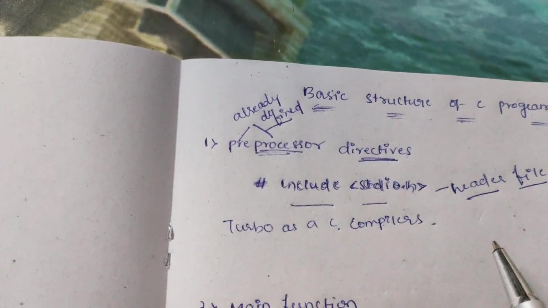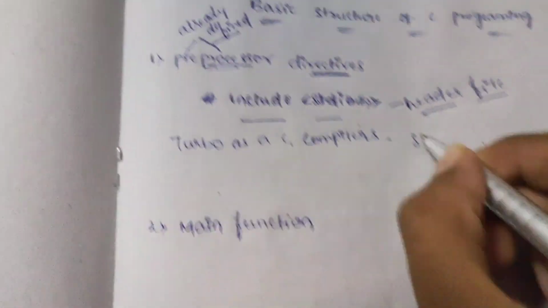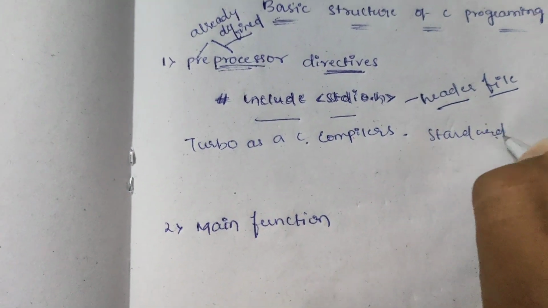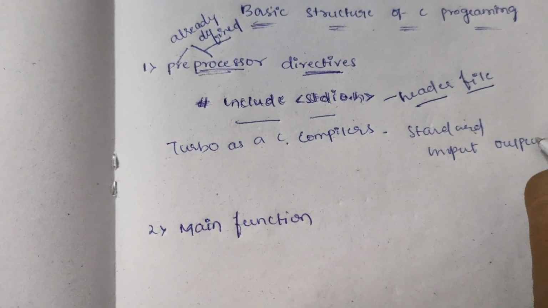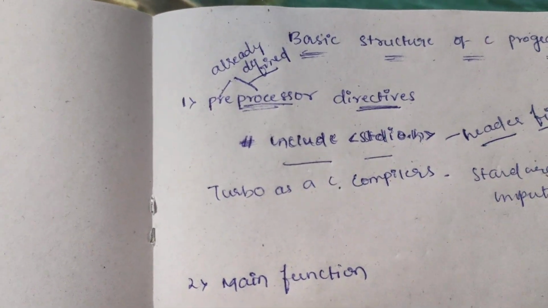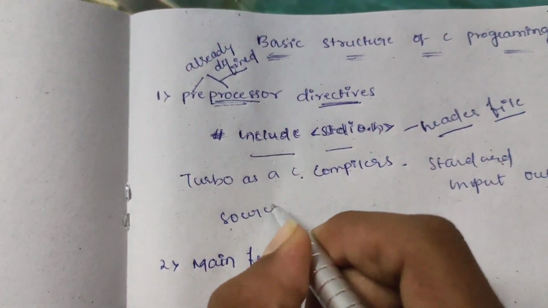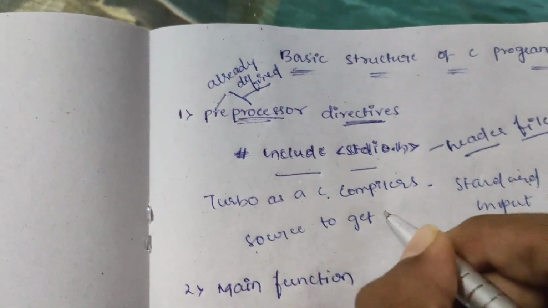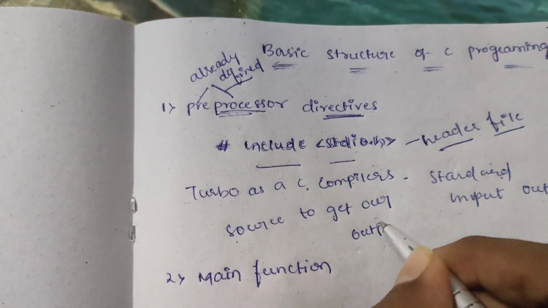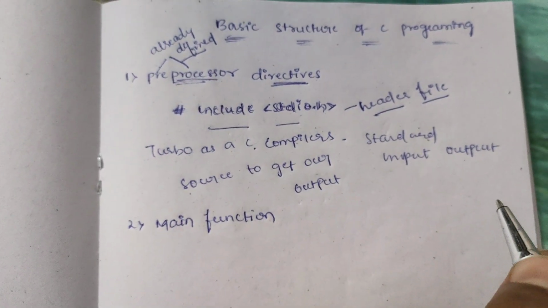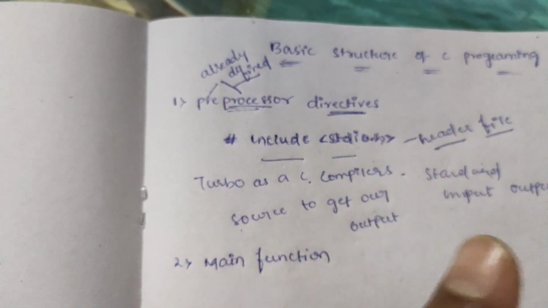This #include <stdio.h> includes the standard input and output of a program. This is included in the source code to get our output. Without this we can't write a C program to get our output. Without including these types of header files we are not going to get output and it shows an error.